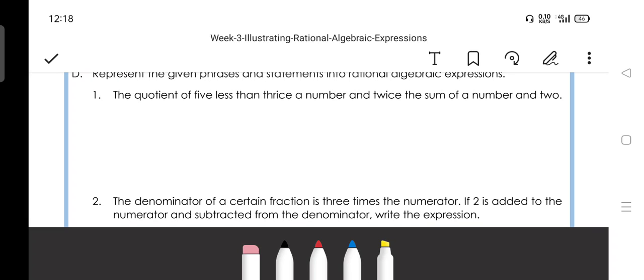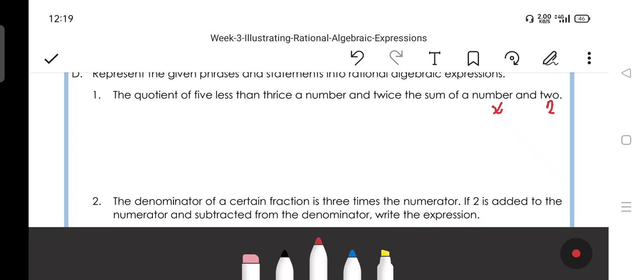But if we start at the end of the sentence, with "a number and 2," and the variable is not stated, we can choose any variable from the alphabet, but usually we use x. So let's say the number here is x.